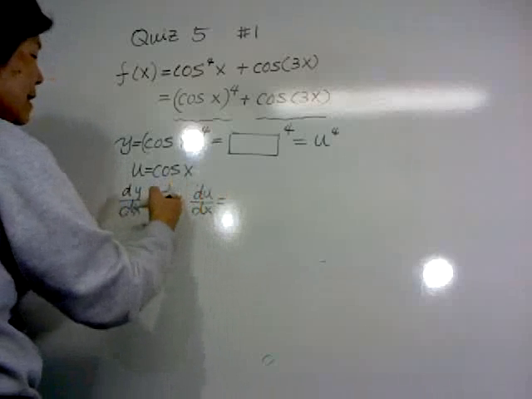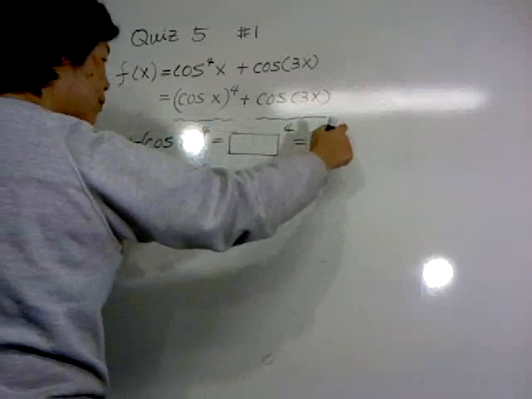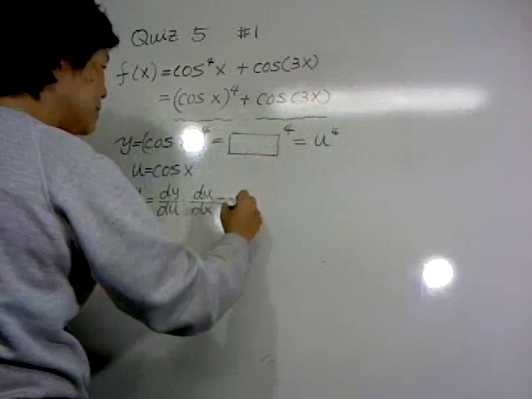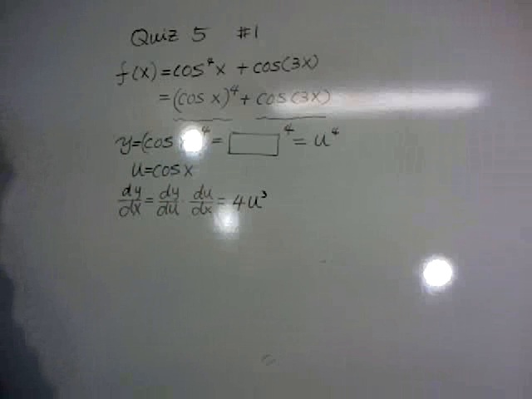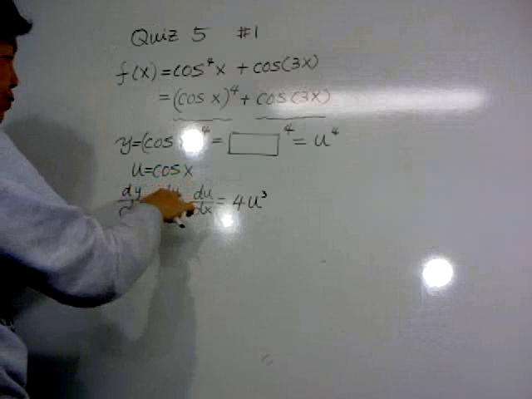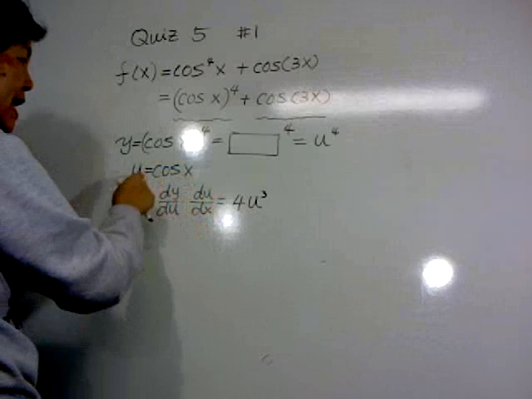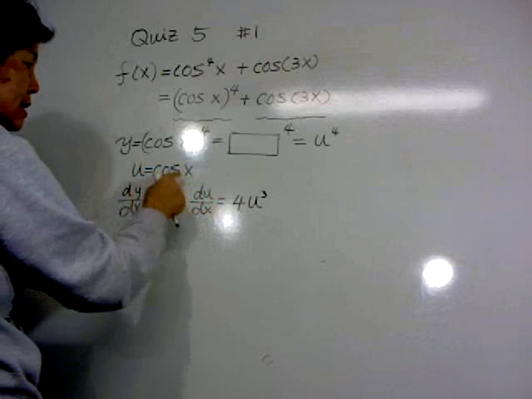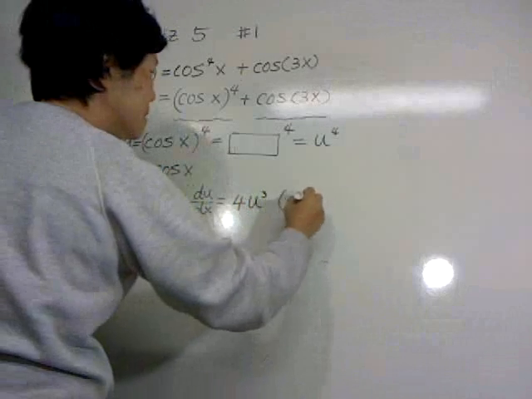That makes dy du. So y is u to the fourth power, so 4 times u to the third power. Of course, that is an easy power rule. The next one is du dx. We are going to differentiate the inner function cosine x with respect to x, which is negative sine x.